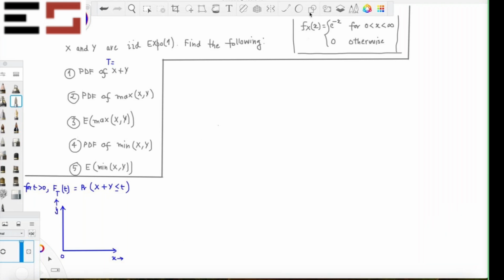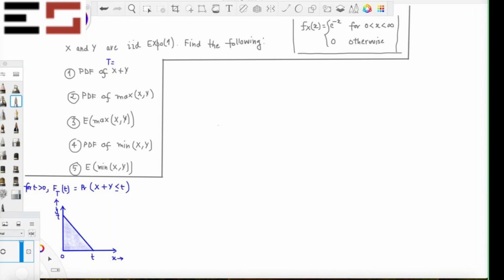The probability that x plus y is less than or equal to t can be obtained by integrating the joint density of x and y over this triangle.